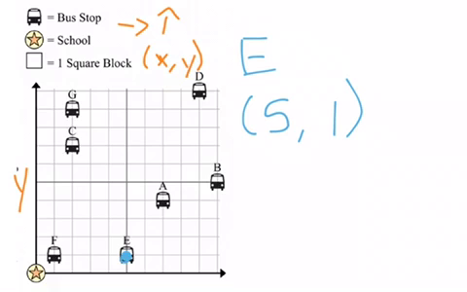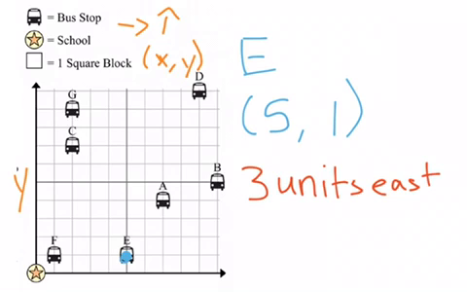Now I want to take this a step further and bring in our skill from this week. I want to move bus E 3 units east and figure out the new coordinates. So I have E and I'm going to move it 3 units east. Now I know my cardinal directions are north, east, south, and west.